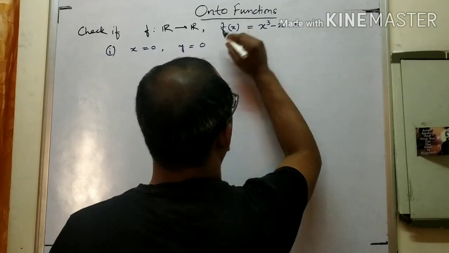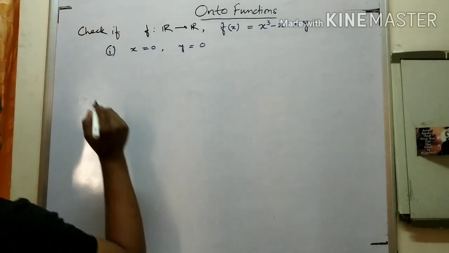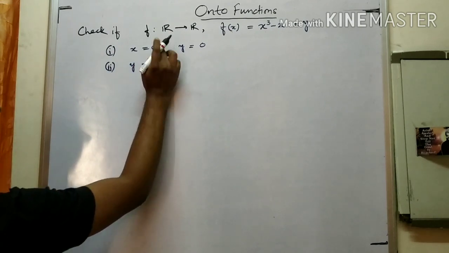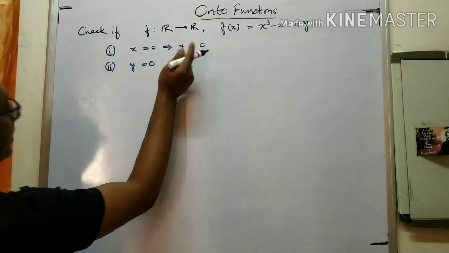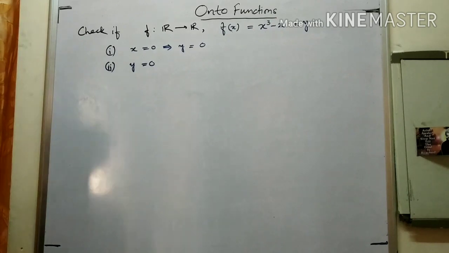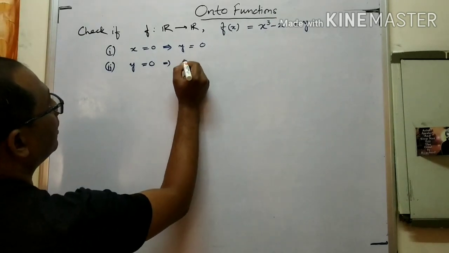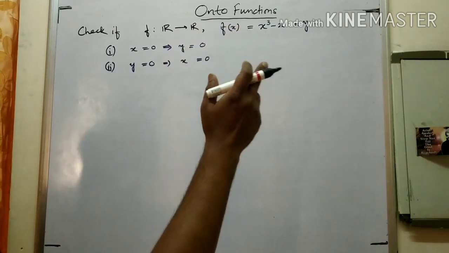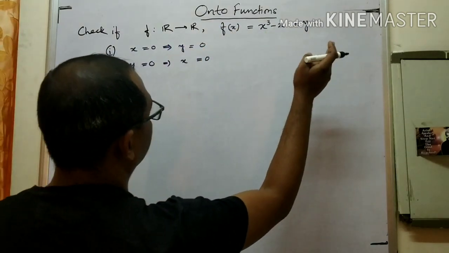I'll take f(x) equal to y. And when y equal to 0, x equal to 0 implies y equal to 0, and y equal to 0 implies x equal to 0 and plus minus 1, right? x into (x squared minus 1) equal to 0.